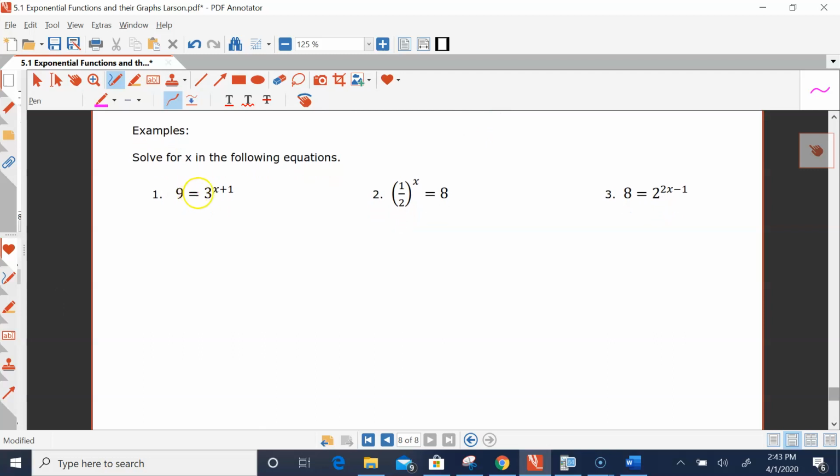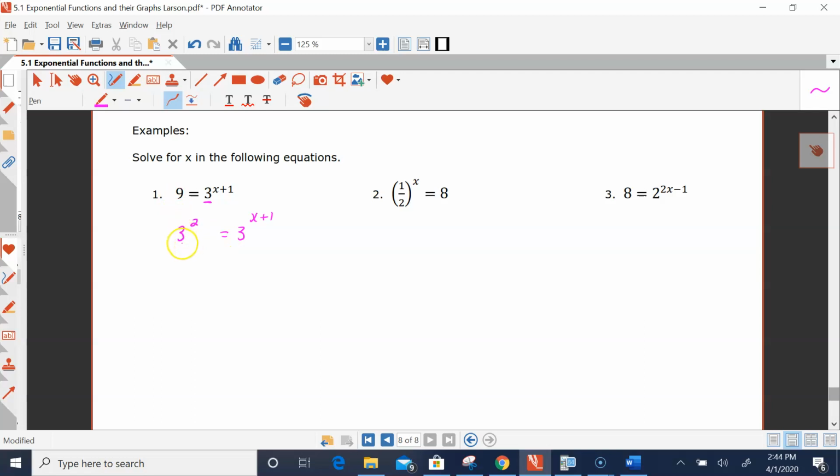I've got 9 equal 3 to the x plus 1. 3 is my base on this side, so I would like to see if I could rewrite 9 as 3 to a power, so I could have 3 to a power equal to 3 to a power, and I can use this one-to-one property. Well, I notice that 3 to the second power is the same thing as 9.